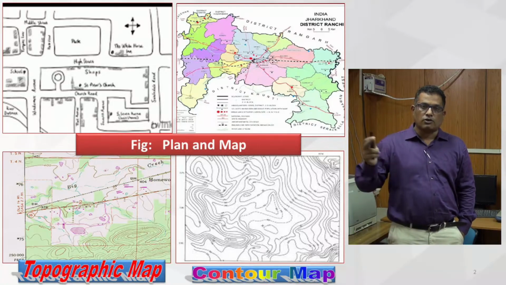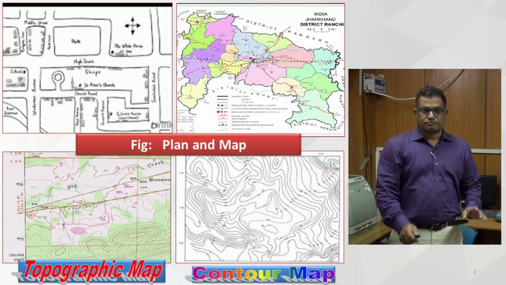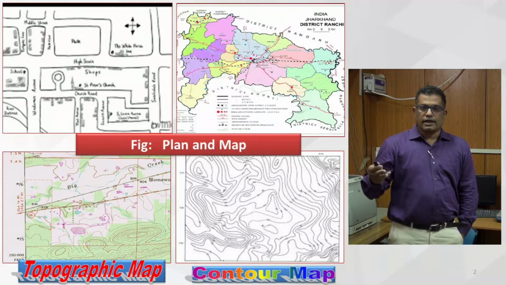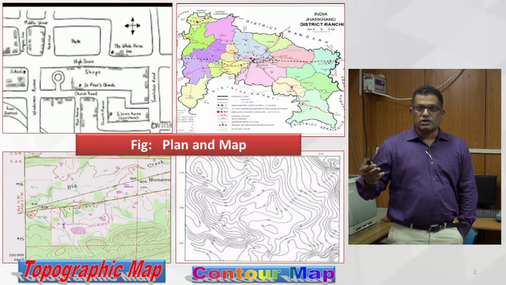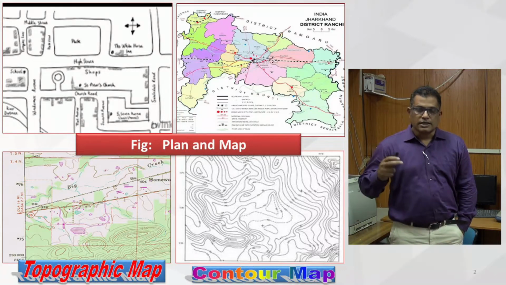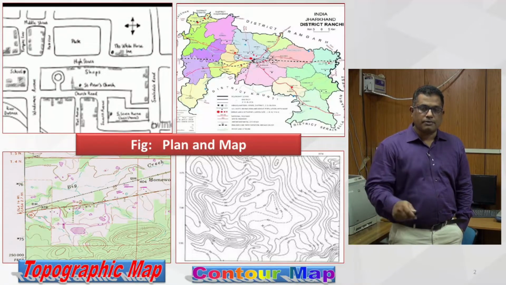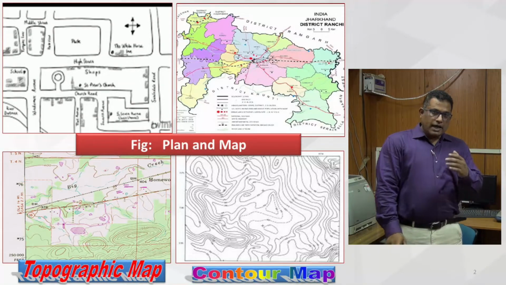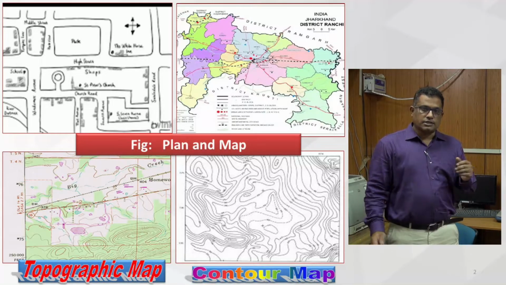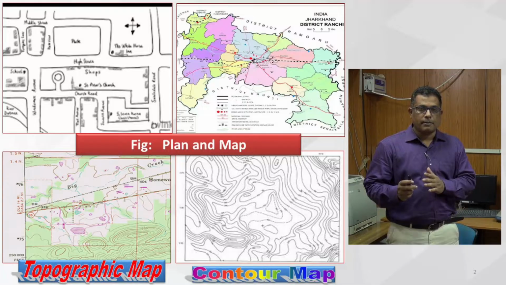That means one part on the map represents 50,000 parts on the ground. In other words, 1 centimeter will represent 50,000 centimeters, or 500 meters. Such is the differentiation between a plan and a map. In a plan or a map we get the horizontal distance.